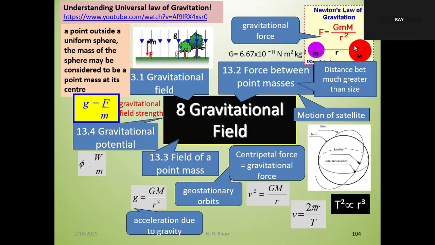Usually we tend to think of diameter, but size is better because it may not be spherical. After that, we study the motion of satellites. Essentially, you need to memorize that centripetal force equals gravitational force. Then from there, we get this formula.